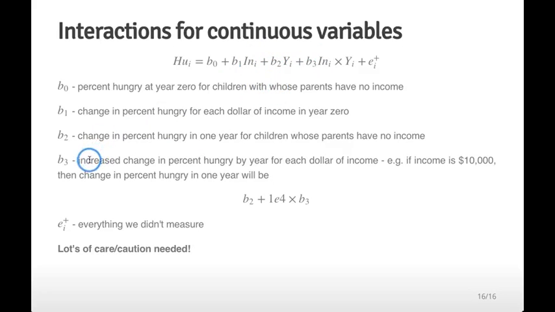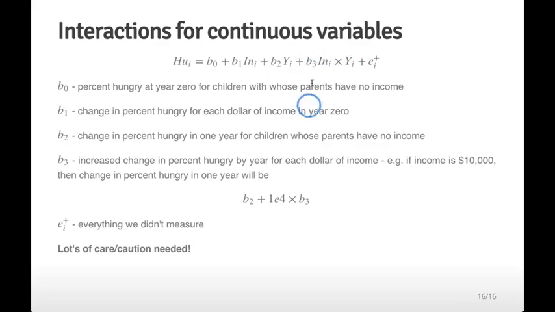And then B3 is the interaction term, and it's the increased change in percent hungry by year for each dollar of income. So this is a very tricky one to interpret. So you can imagine if you had an income of $10,000, then the change in percent hungry in 1 year will be the change due to this term here, B2, plus you have an income of 10,000 times the year times this term, B3.